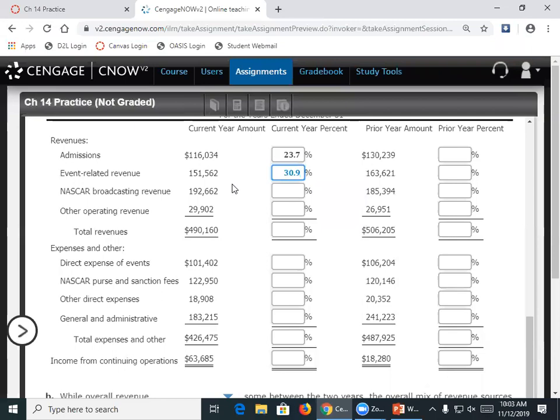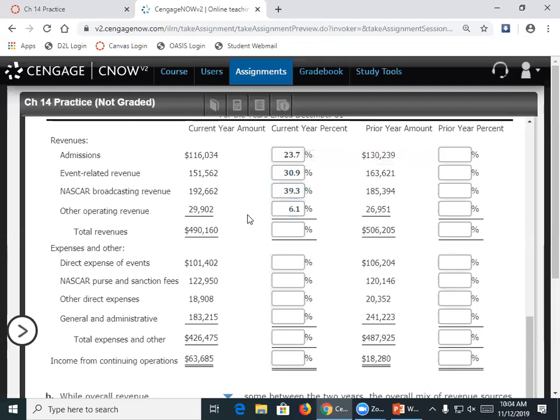That explains it being higher than admissions, right? So NASCAR broadcasting revenue, what percent would it be? 39.3. Good. Whoops, I'm putting it in the same one. That's not helping. 39.3%. And then we have other operating revenue makes up 6.1%.